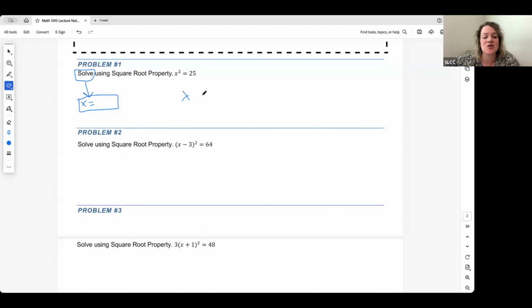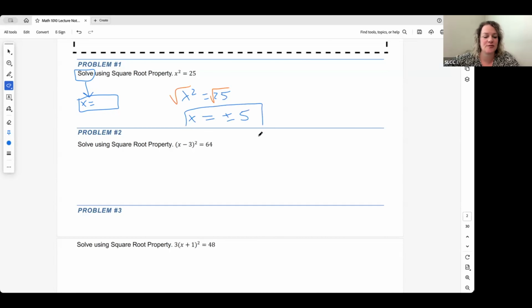Okay, so I take x squared equals 25, and then I take the square root of both sides. When you take the square root of both sides, you get x equals plus or minus 5. So what x values will make this statement true? A plus or a minus 5.